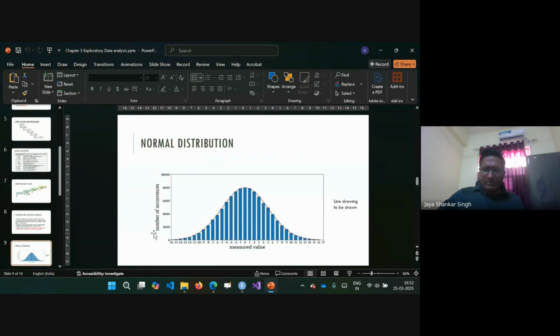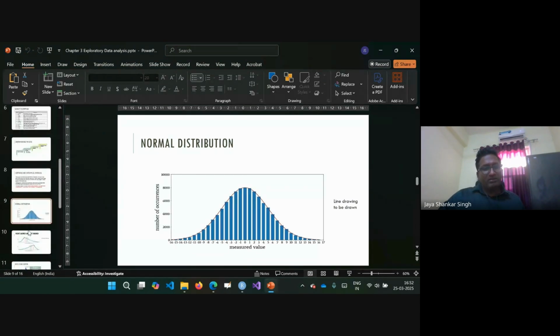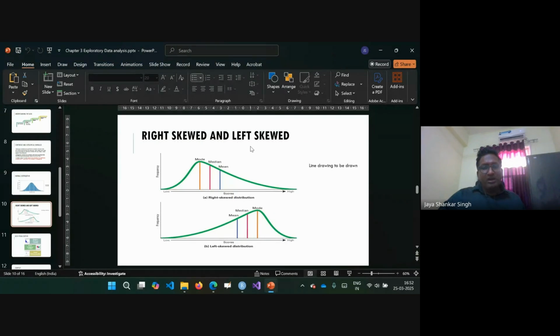This is how a normal distribution looks like. Majority of the observations will be concentrated toward the mean value and equal distribution on both sides. This is right skewed if the tail is longer on the right side, left skewed if the tail is longer on the left side.